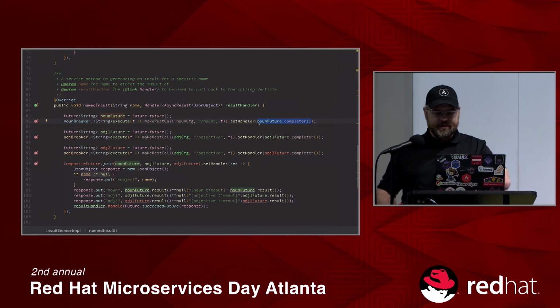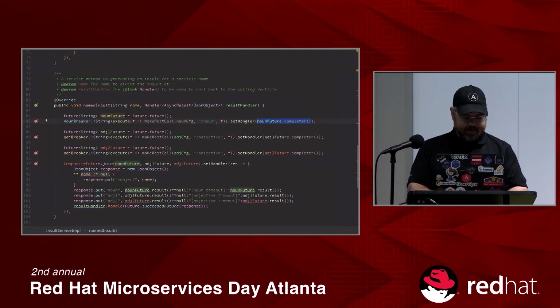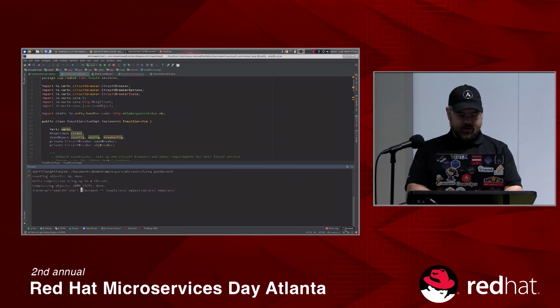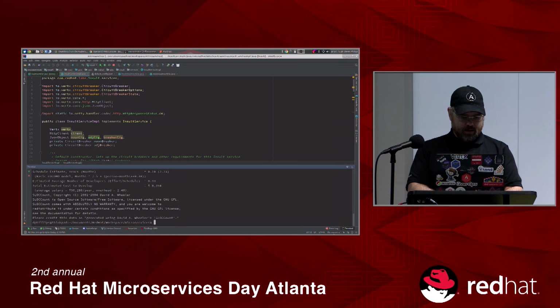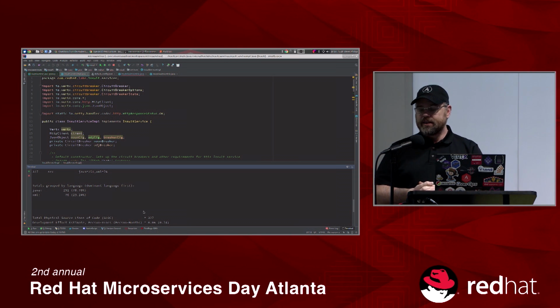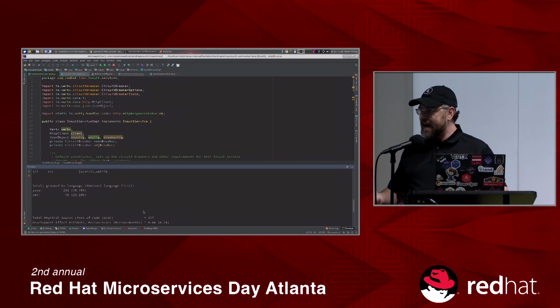This entire application that I implemented, as far as Java code goes, is a grand total of 251 source lines in Java. That includes all the boilerplate, that includes all the class definitions, all the import statements, 251 lines for 3 services with circuit breakers, with an event bus, completely reactive, non-blocking.